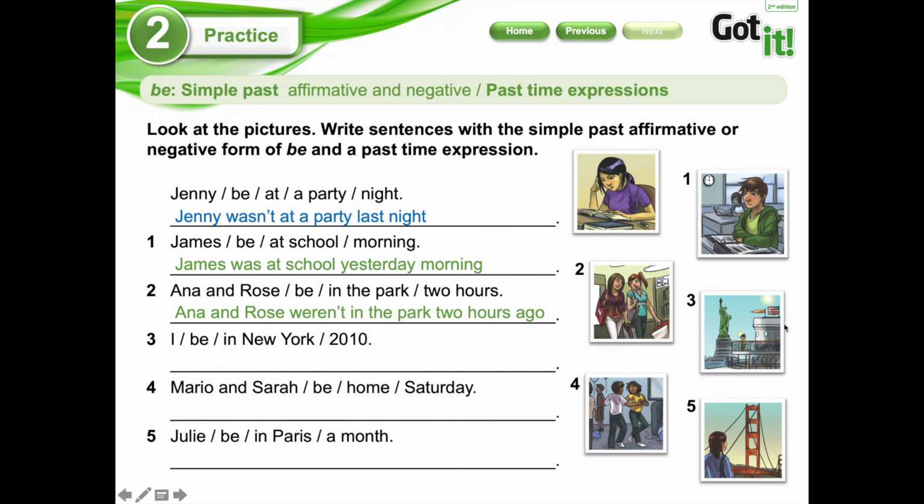And number 3, here you have picture number 3. I was in New York in 2010. Let's go with the number 4. Picture number 4. Mario and Sara weren't home last Saturday. And finally, number 5 here. Julie wasn't in Paris a month ago because this is another place, it's not Paris, okay?